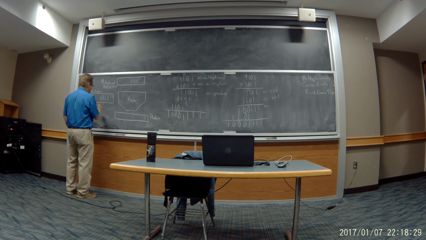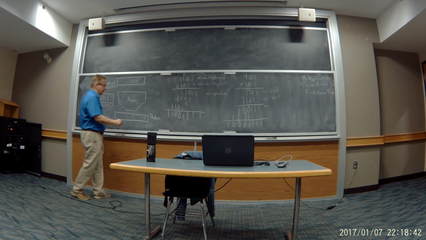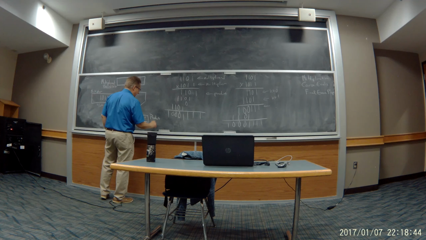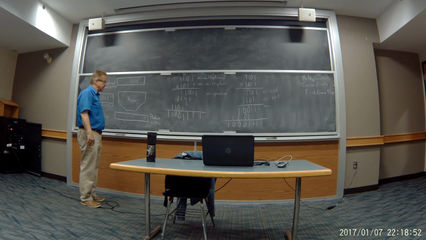The multiplier register is going to be a 4-bit register in our kind of scaled down world. It would be a 32-bit register in the 32-bit world, and our product register is going to be a 64-bit register. Because if we're multiplying two 32-bit numbers by each other, we're not necessarily going to be able to fit the result in a 32-bit register.